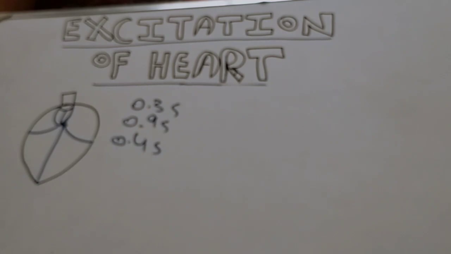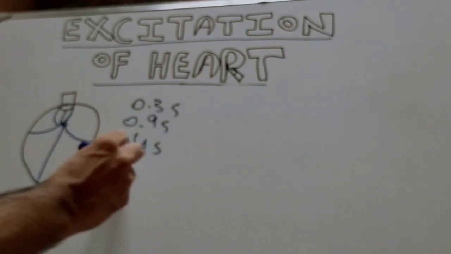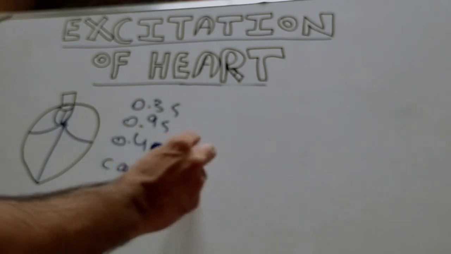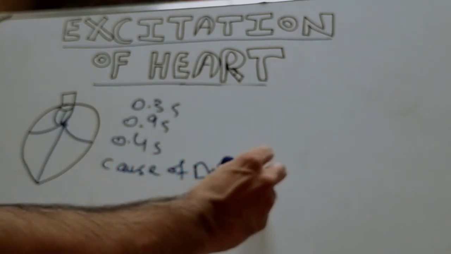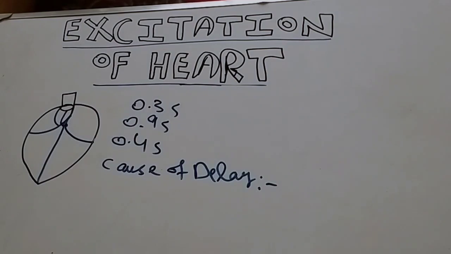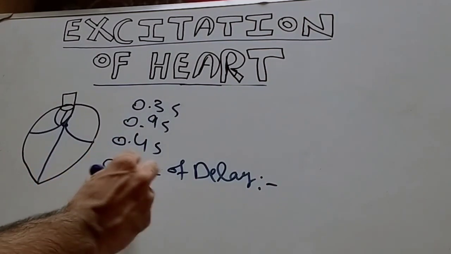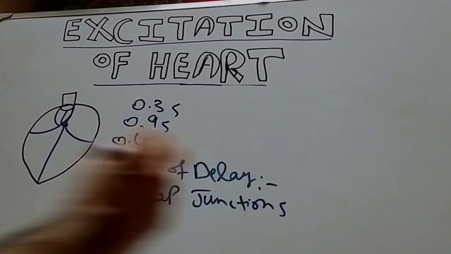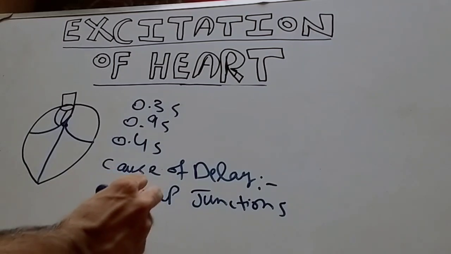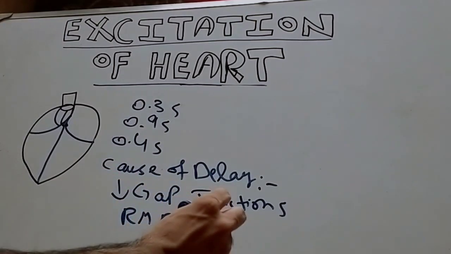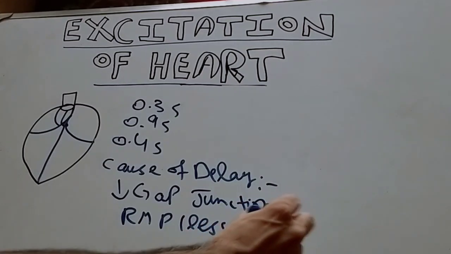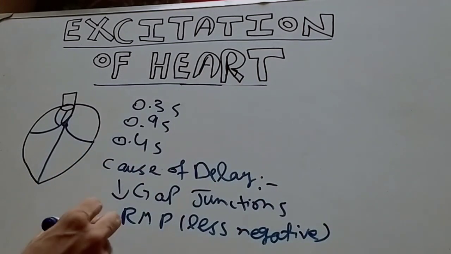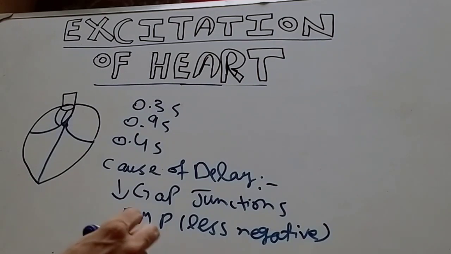Now, talking about why the delay occurs in the AV node. The cause of the delay is that it possesses a smaller number of gap junctions, and also the resting membrane potential is less negative, and it also consists of small muscle fibers.